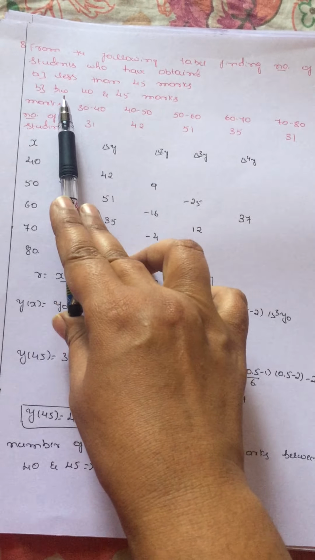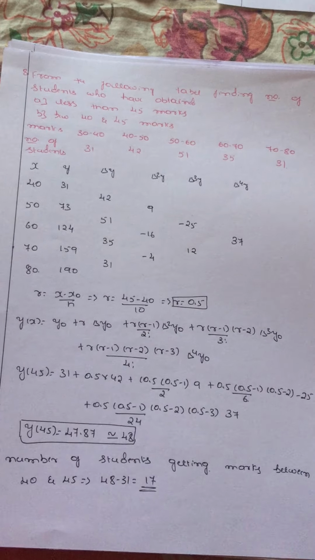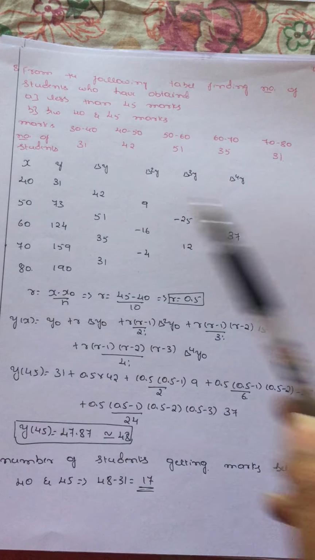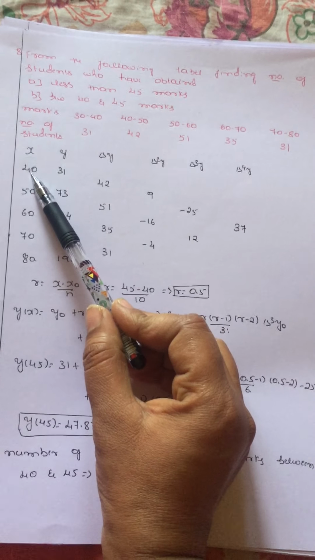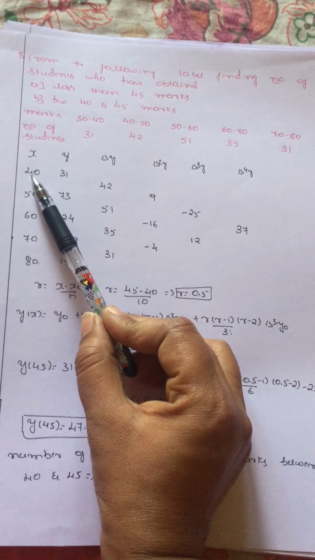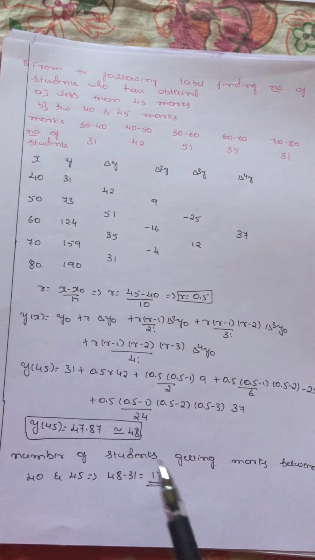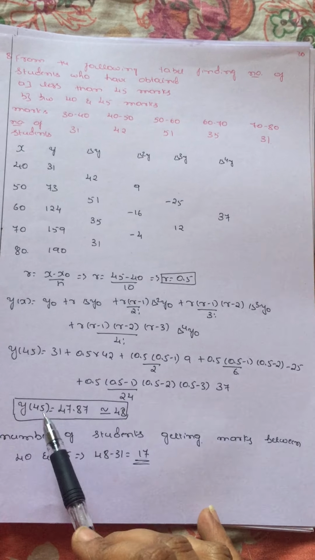The second condition is between 40 and 45. For this we take the difference. 31 students scored less than 40, and 48 students scored less than 45.